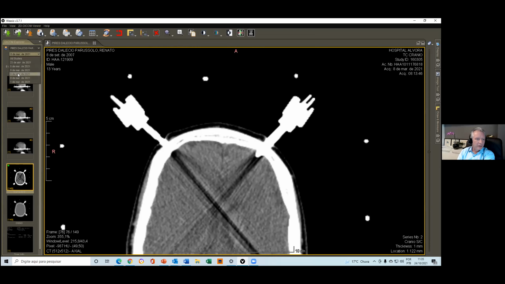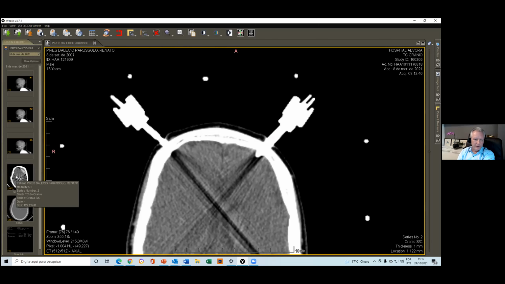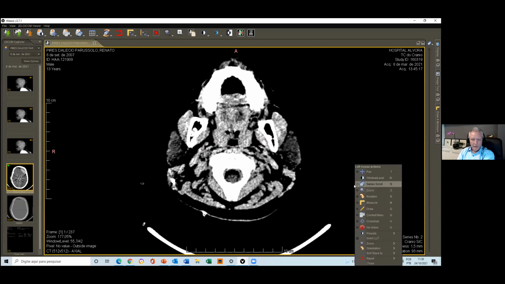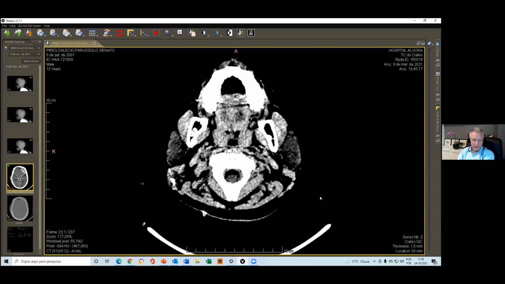So the immediate post-op CT, we took the frame out, of course, and the kid was fine, no deficits.